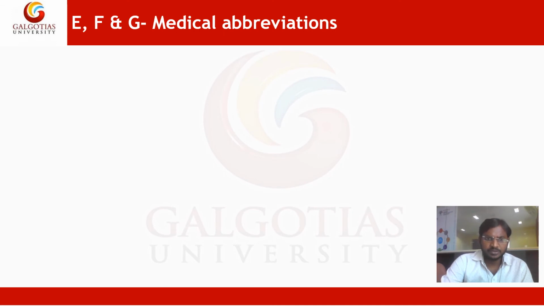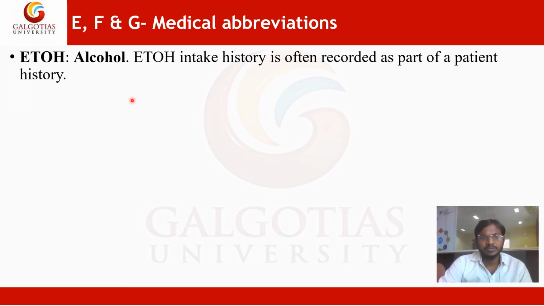In this slide, we can see the medical abbreviations related to E, F, and G. Let's see E. ETOH is alcohol consumption. When a patient joins by accident or in an emergency, they check whether the patient has had alcohol or not, and write ETOH. Alcohol intake history is often recorded as part of the patient history.